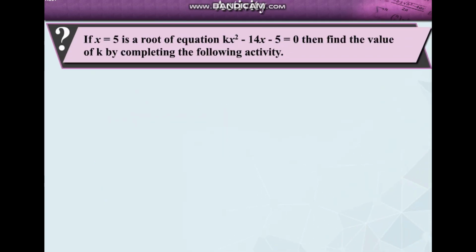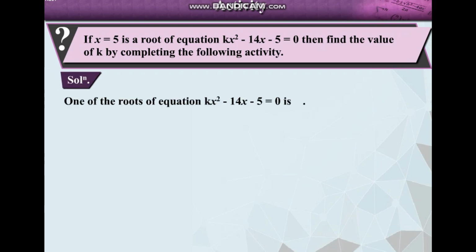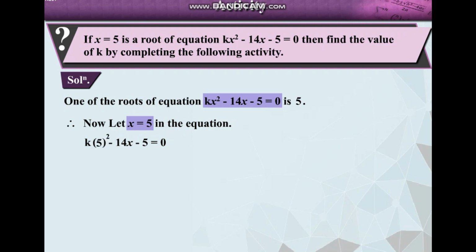If x = 5 is a root of the equation kx² − 14x − 5 = 0, then find the value of k by completing the following activity. Solution. One of the roots of the equation kx² − 14x − 5 = 0 is 5. Therefore, let x = 5 in the equation. k × 5² − 14 × 5 − 5 = 0.